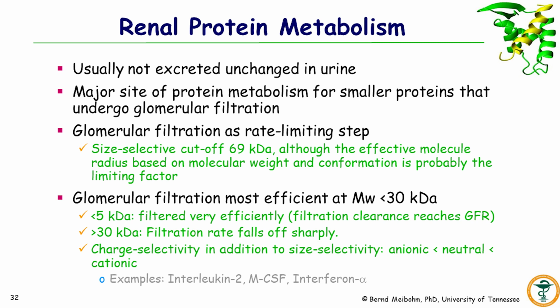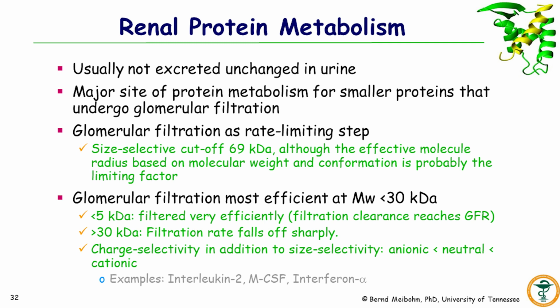So glomerular filtration is most efficient if molecular weights are below 30 kilodalton. It reaches for very, very low molecular weights the glomerular filtration rate. But at higher molecular weights, the filtration rate sharply falls off and has then this absolute cutoff of around 69 kilodalton. There's also a certain charge selectivity in addition to the size selectivity that may play a role.